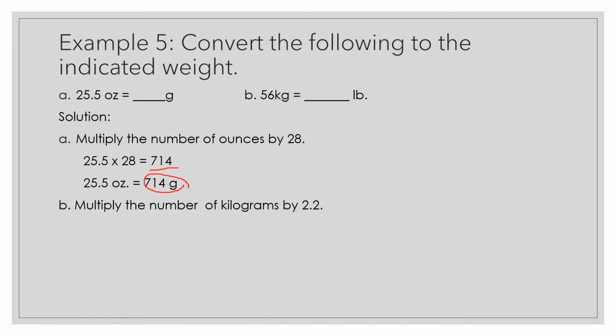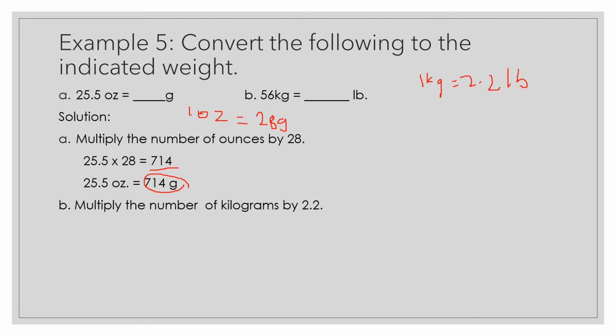For letter B, multiply the number of kilograms by 2.2, since 1 kilogram is about 2.2 pounds. Dito naman sa 28, tama sabi ko kanina, 1 ounce is about 28 grams.